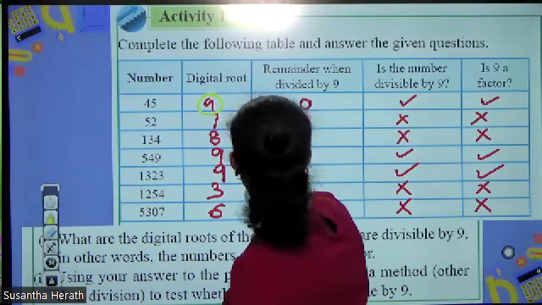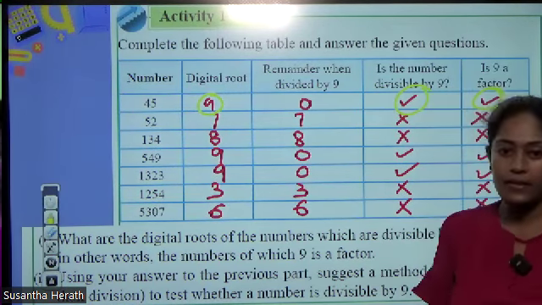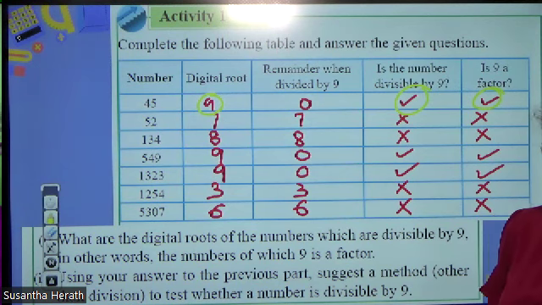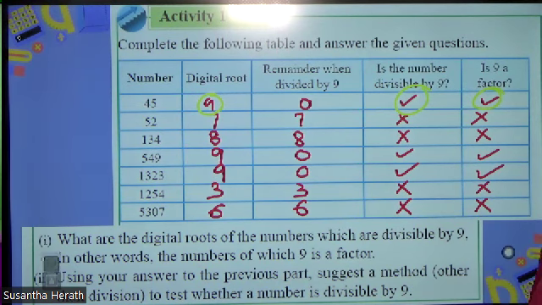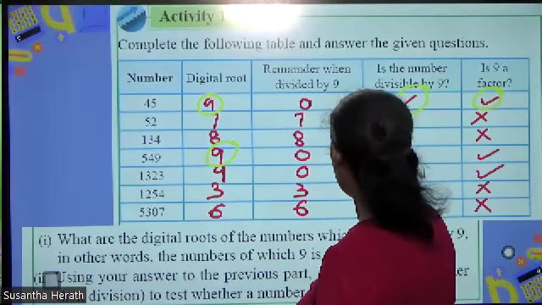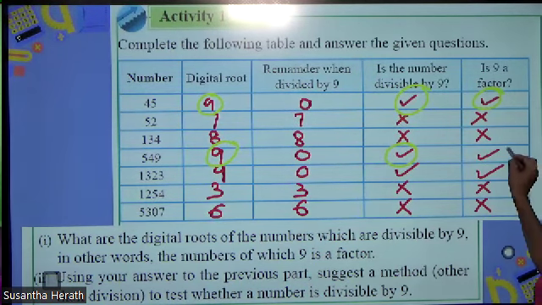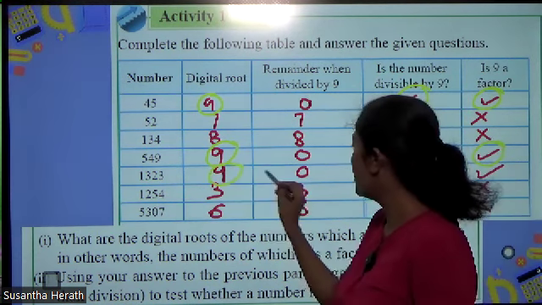Then that number is a factor and also divisible by 9. If digital root is 9, then that is divisible by 9 and also a factor of that number. This one is also the same.